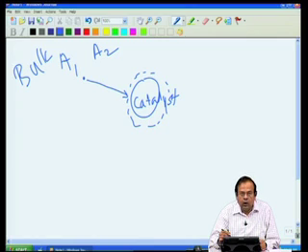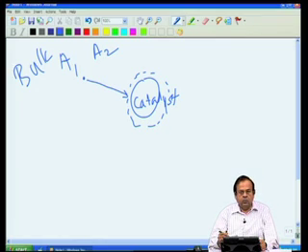Now, one important point that I mentioned last time also: when you have a heterogeneous system, that is when you have more than one phase like gas and solid over here, there are boundaries between these two phases. There is a gas phase, there is a solid phase, and there is a boundary between the two. Moment we have boundaries, there is a resistance to transfer, and it is this resistance which influences at what rate the reaction will take place.